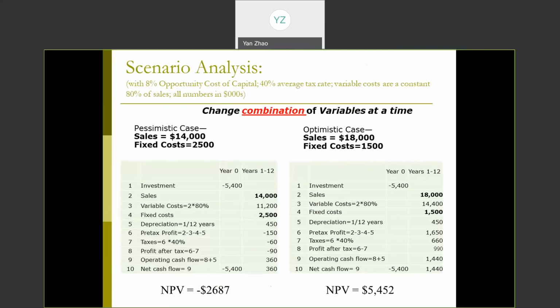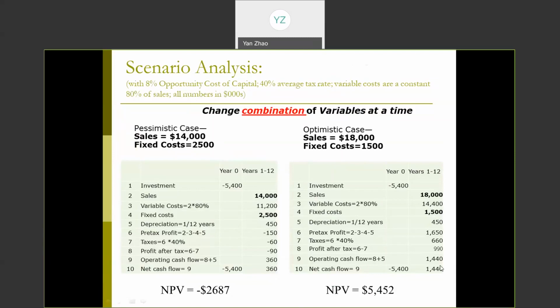In our case, sales numbers will be $18,000 instead of $16,000. Fixed cost, instead of 2,000, now we have only $1,500. By changing the two variables at the same time, we recalculate the Excel table, and we can see now in the pessimistic case, we only have $360 cash flow for the next 12 years.